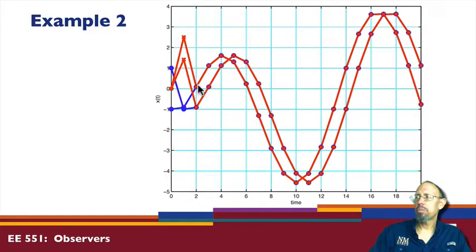We have 2 state variables, and you can see they lock onto the 2 state variables. So that's one of the things that the deadbeat observer does: it will lock on in a minimum number of steps to the exact value. So in continuous time, it exponentially converges, but in discrete time, we can actually get them to be exactly on.